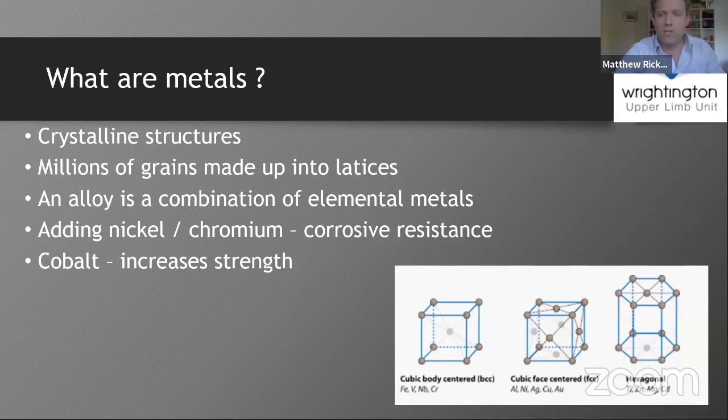The common metal crystalline arrangements are body-centered cubic, as you see down the bottom right-hand corner of the screen, where each atom is in contact with 8 atoms. Face-centered cubic, where each atom is in contact with 12 atoms. And hexagonal close-packed, where each atom is in contact with 12 atoms. So this is the basic structure of common metals. And your answer would be, it's a crystalline structure of a combination of alloys and different metals.